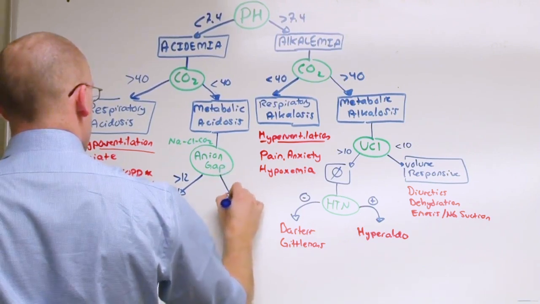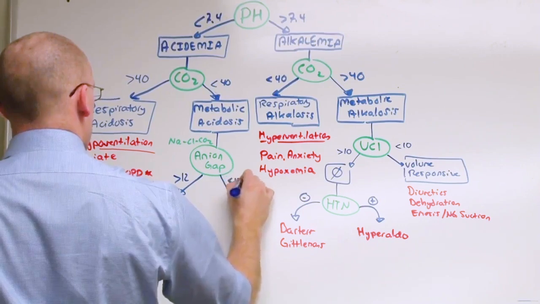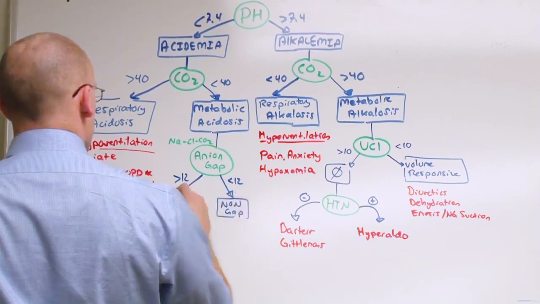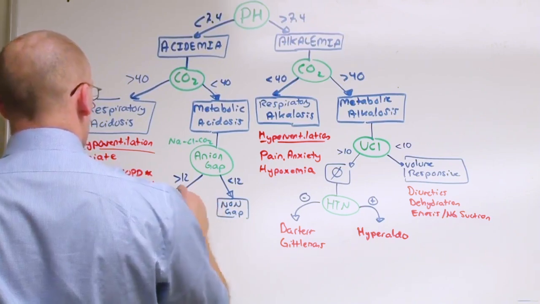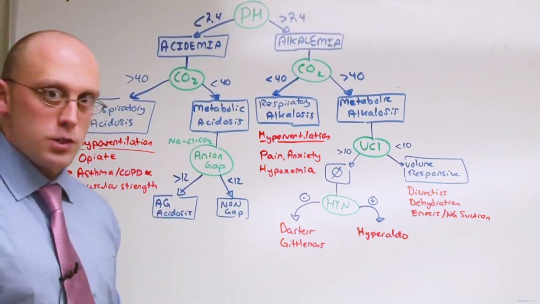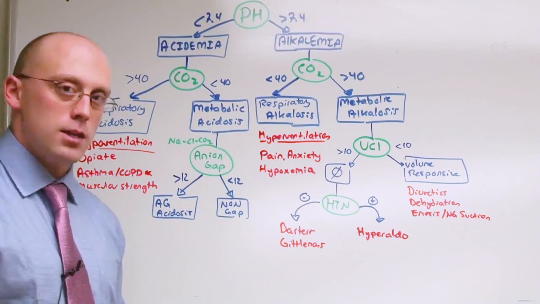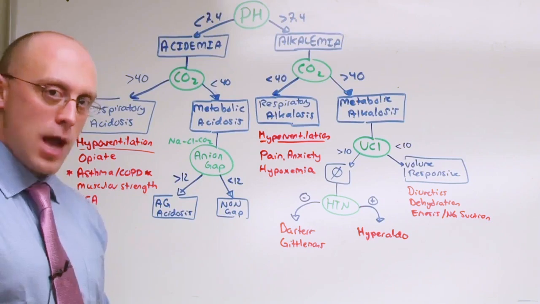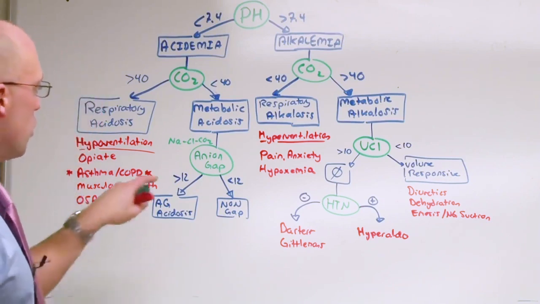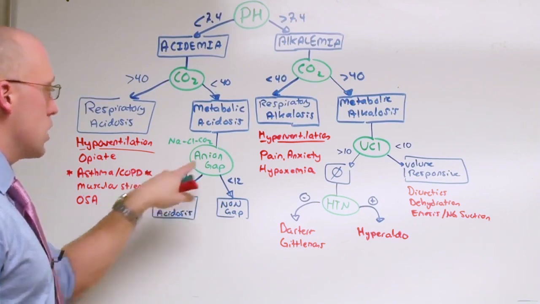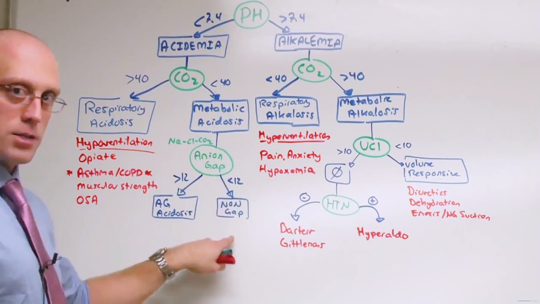If it is less than 12, it's a non-gap. Now 12 happens to be the normal when someone has a normal albumin. For the test, just assume that 12 is normal. They're not going to make you calculate the expected anion gap based on the albumin. Just assume normal is 12. If you have greater than 12, you've got an anion gap acidosis. Less than 12, non-gap acidosis.